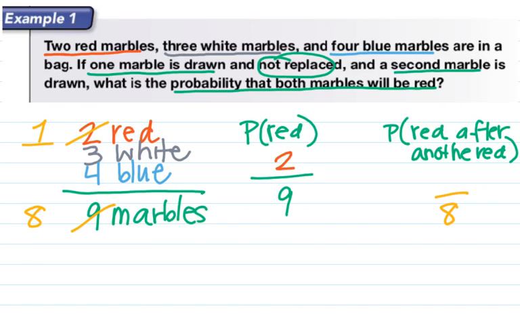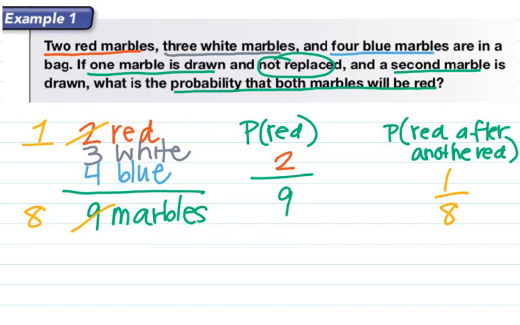And instead of my favorable being 2, my favorable is really 1. Because I only have 1 red marble left, and I only have 8 marbles in my bag. So to pull another red marble after having a red would be 1 red marble left out of a total of 8 in my bag.